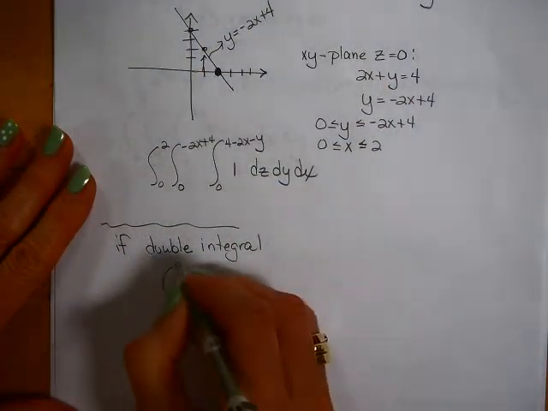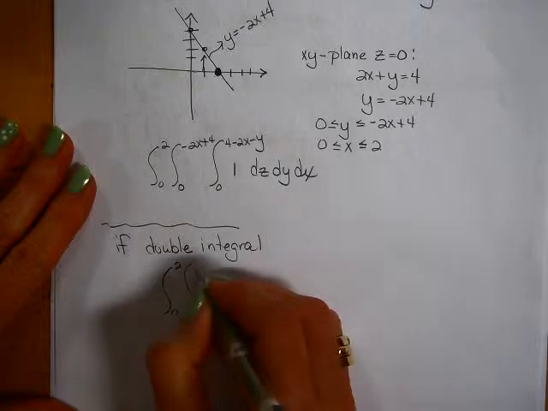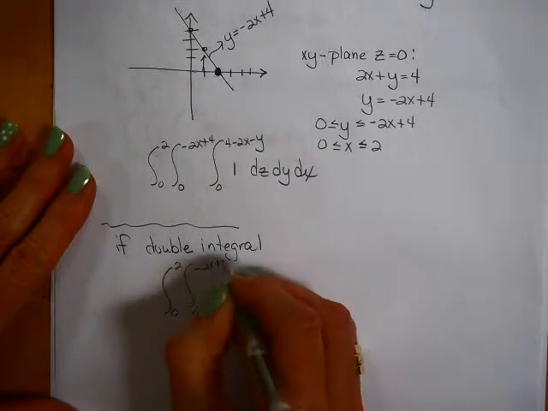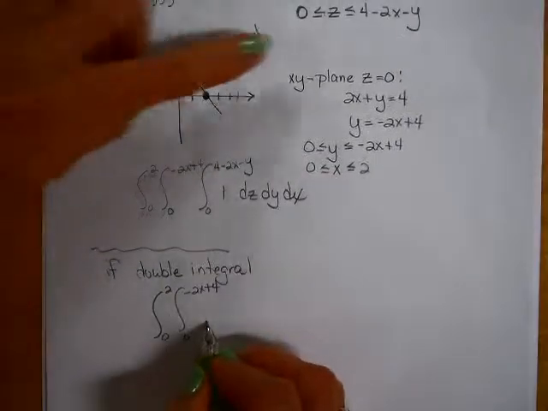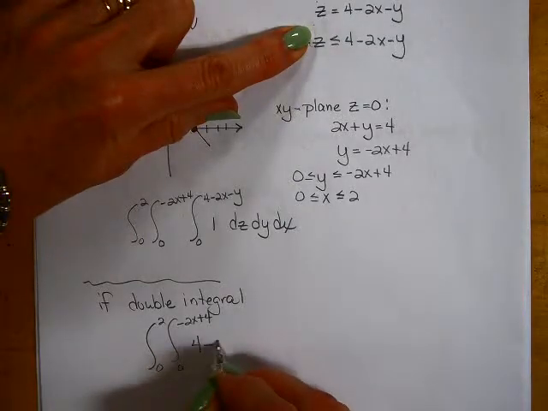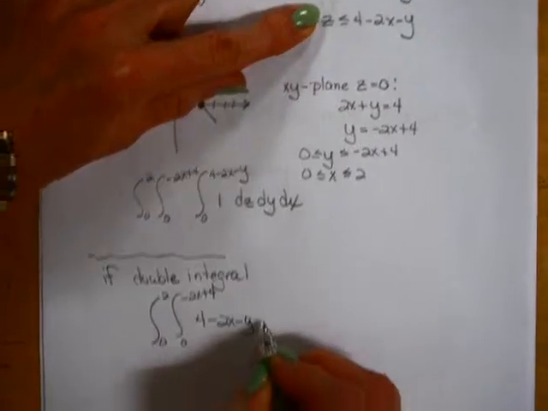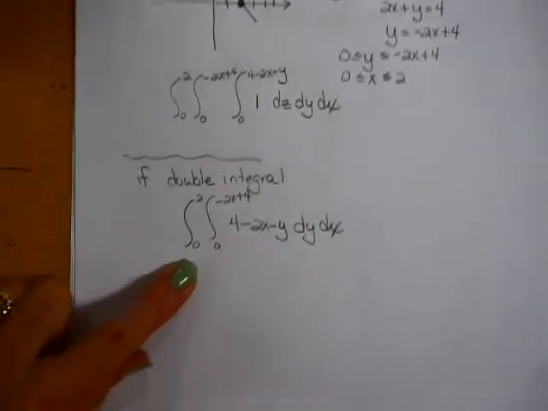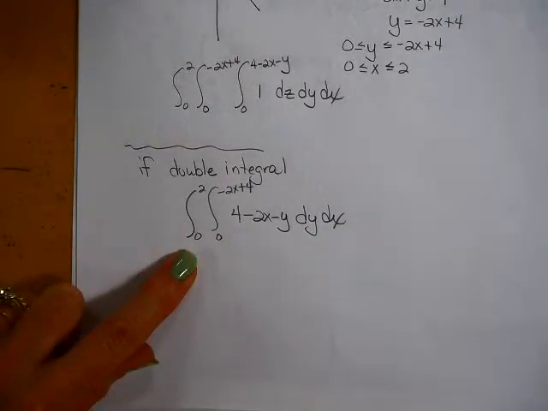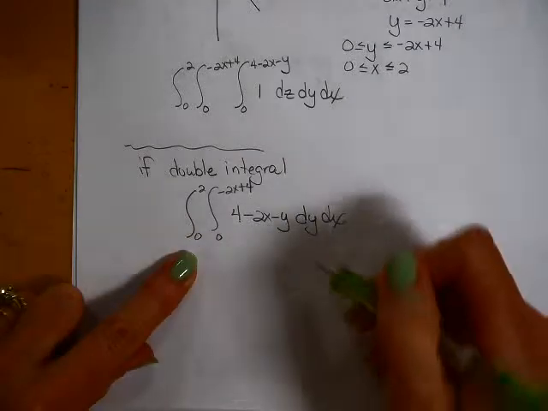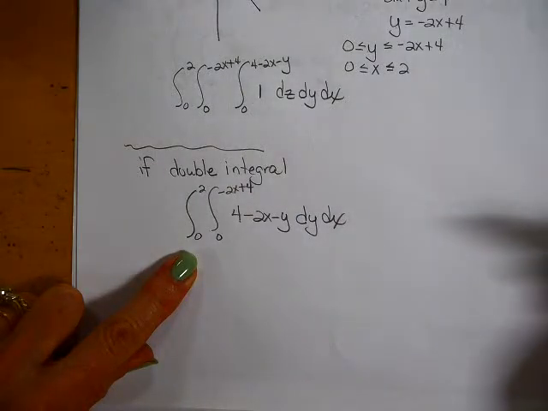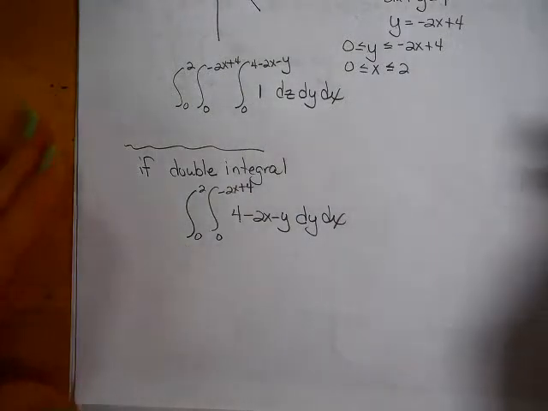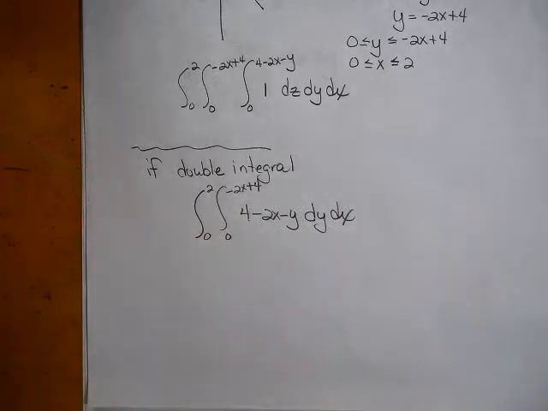We would have integrated from 0 to 2, and from 0 to negative 2x plus 4, and then we would have integrated our function, which is 4 minus 2x minus y, and this would have been dy dx. That's what we would have done a couple sections ago. You could have had the exact same problem, and you would get the same answer both ways, because it is a volume. Okay.